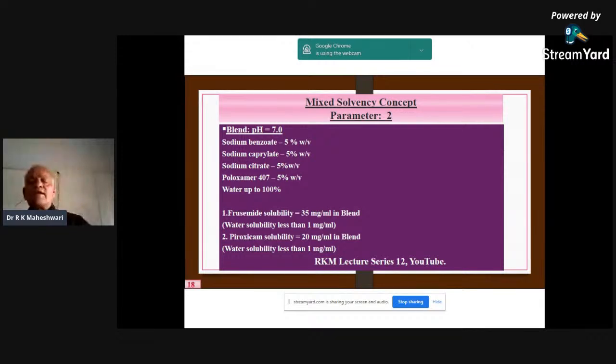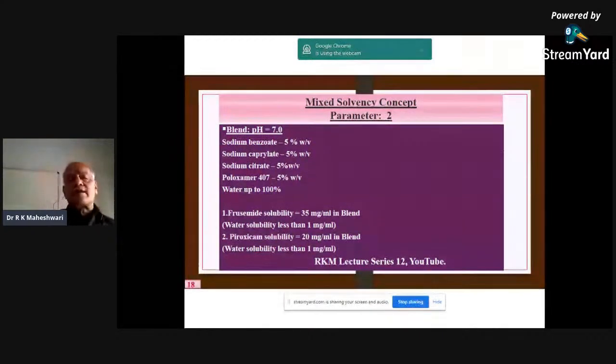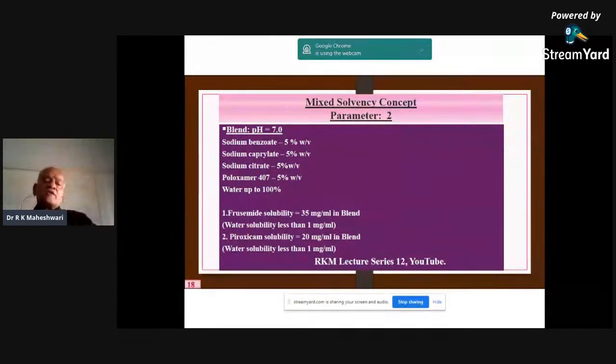Because the molecules of sodium benzoate, sodium caprylate, sodium citrate and Poloxamer 407, which are all solid at room temperature, have come into a liquid state, and they are responsible for hydrogen bonding and weak van der Waals forces with the molecules of furosemide. That's why you get high solubility of furosemide in water. One thing you might have noted is that the pH of this solution is 7, so don't think it is a rule of pH. It is just the rule of solid as solvent.